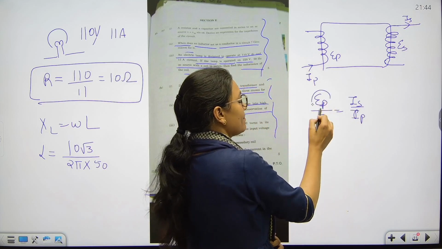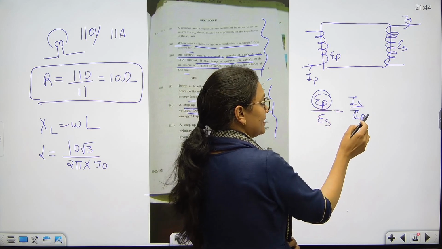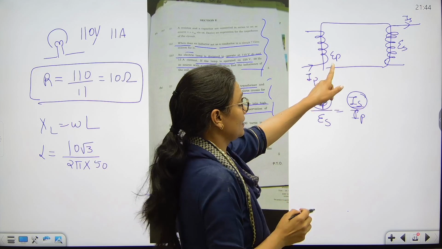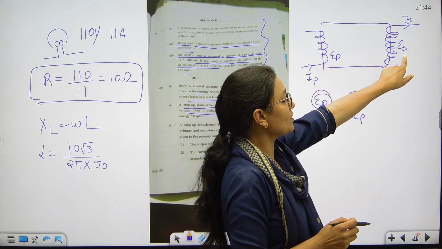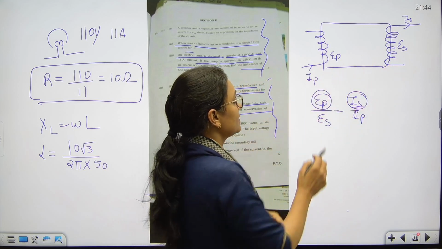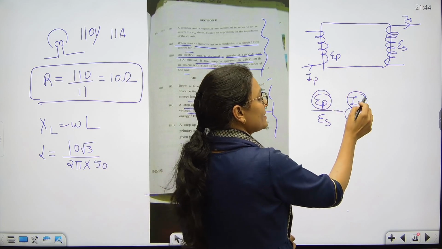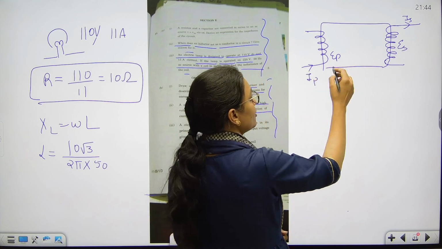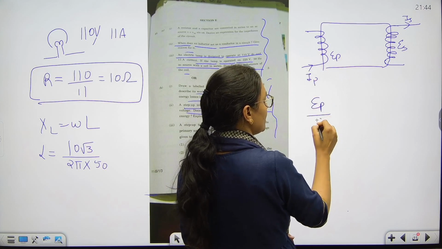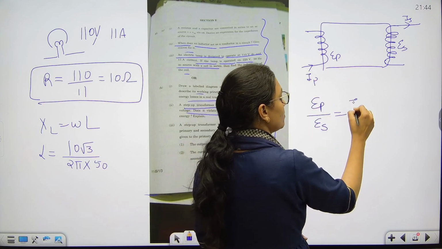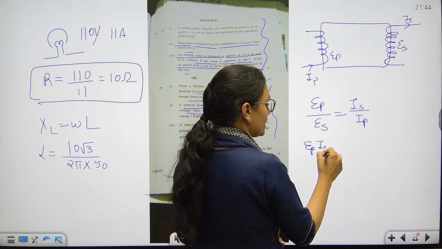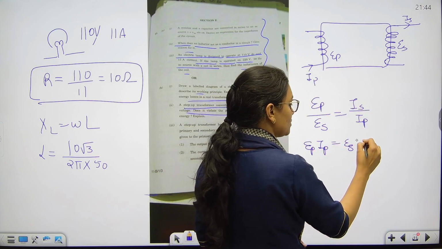So if the primary voltage is less and the secondary voltage is more, it means that primary current will be more and secondary current will be less. So you can write EP into IP is equal to ES into IS.